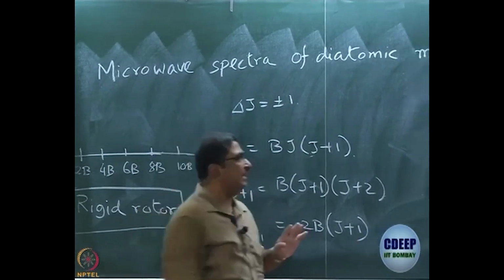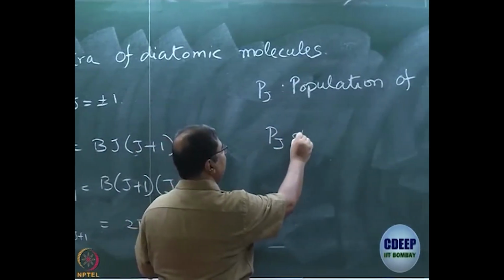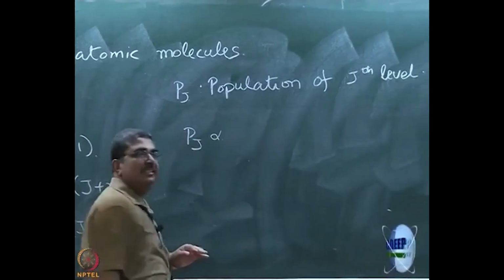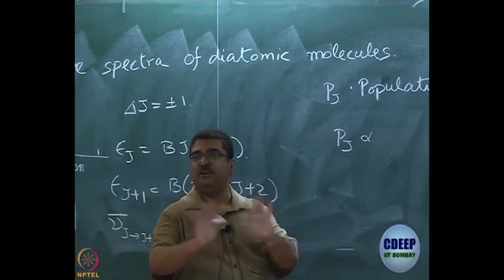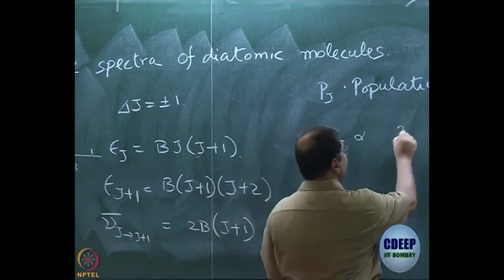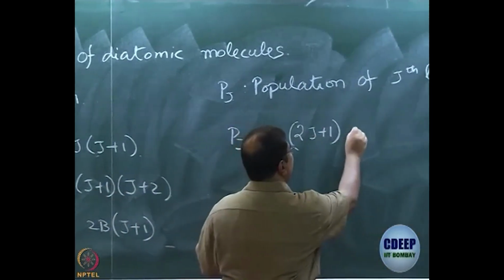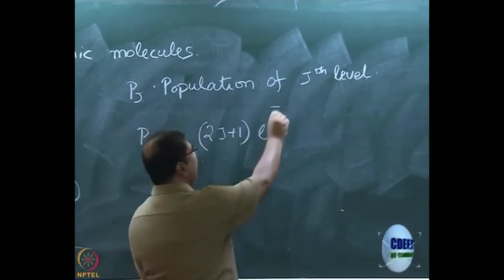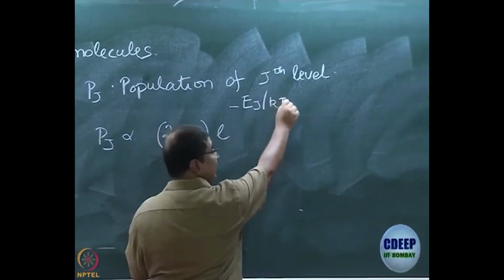So, I can write like this, P_J is proportional to, what is the degeneracy of each J level? 2J plus 1, we are all confident about that. 2J plus 1 multiplied by e to the power minus E_J divided by kT, isn't it?